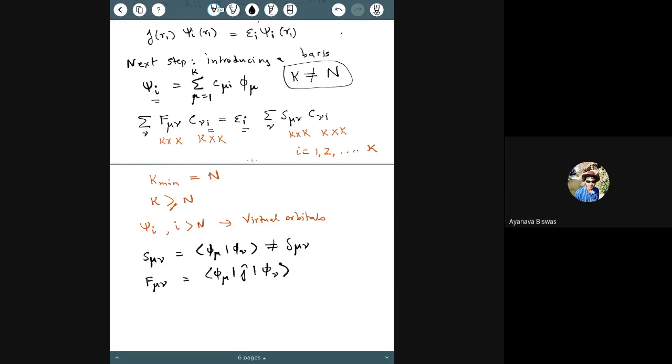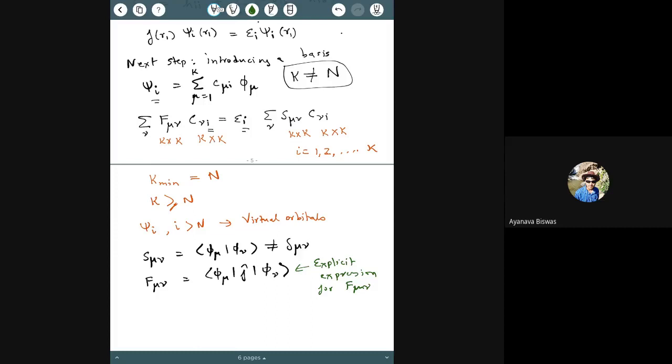Now the explicit expression for F mu nu is still not evident to us at this stage. But we will, of course, do it soon enough.